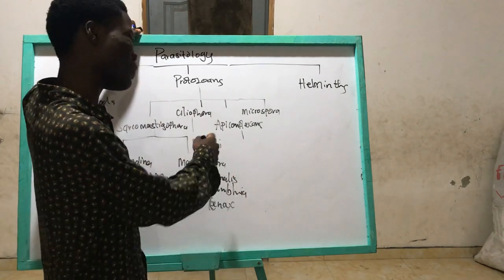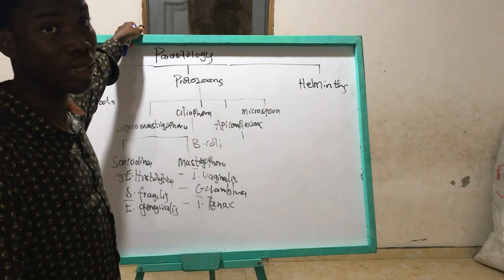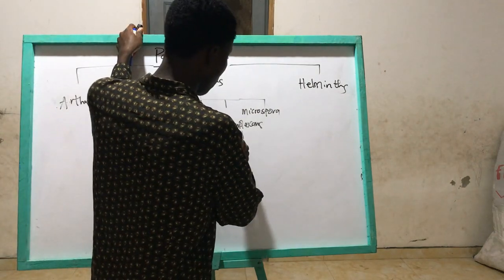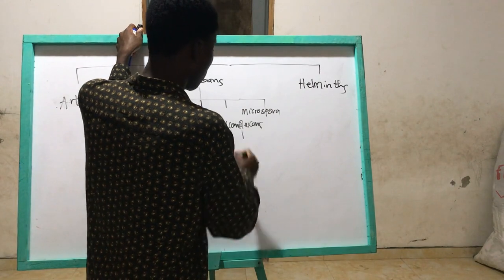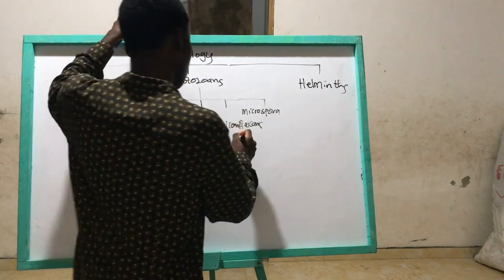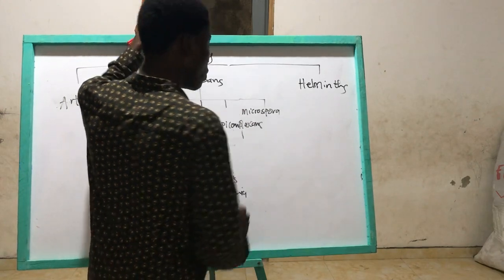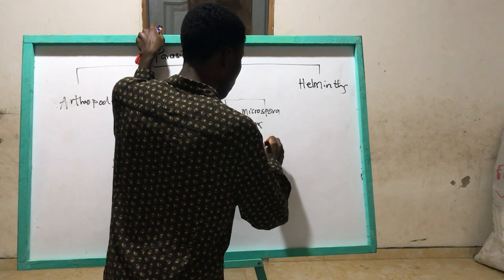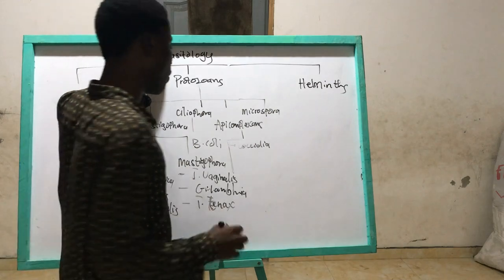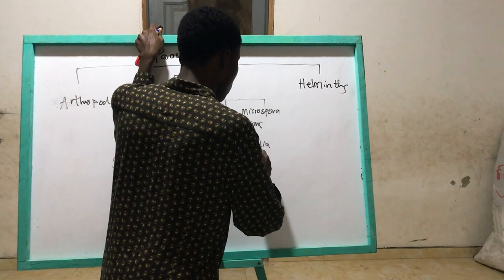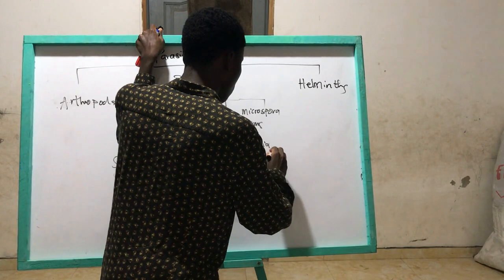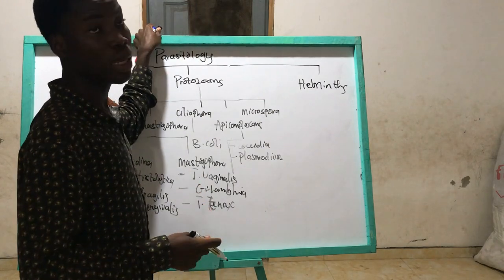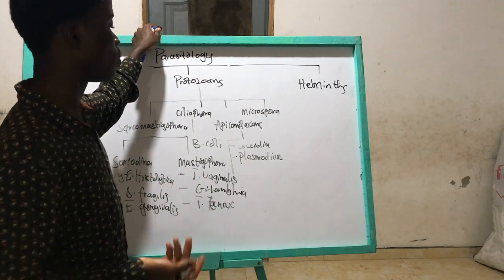So we can classify apicomplexans under the following organisms. We have the coccidia, and then we have the plasmodium.